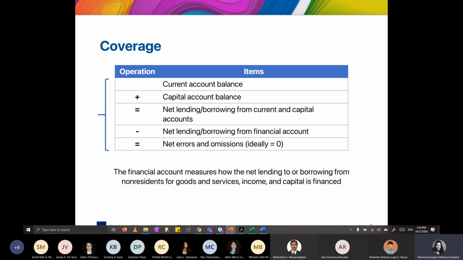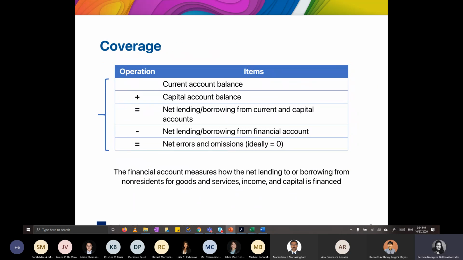However, in practice, this rarely happens. It's either a negative or positive non-zero number. And that discrepancy between the two net lending and borrowing balancing items is attributed to net errors and omissions.